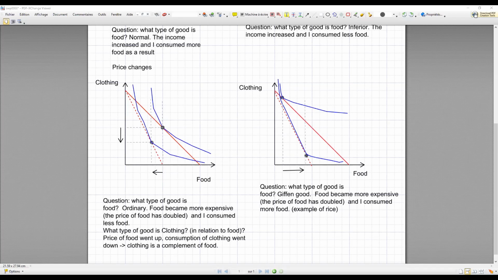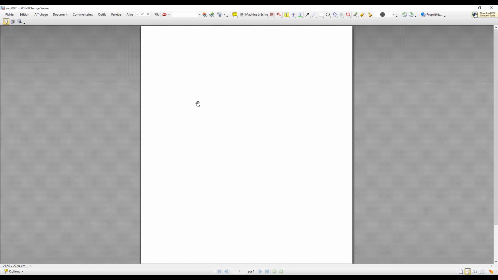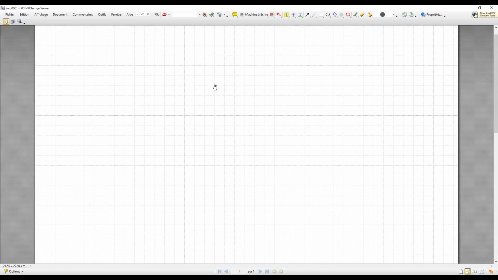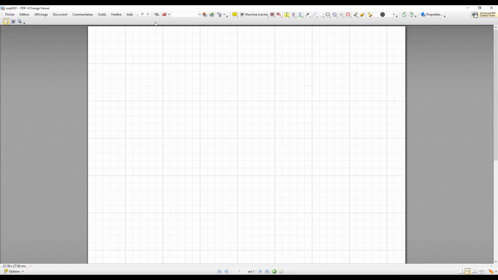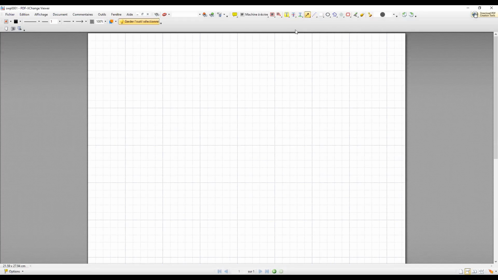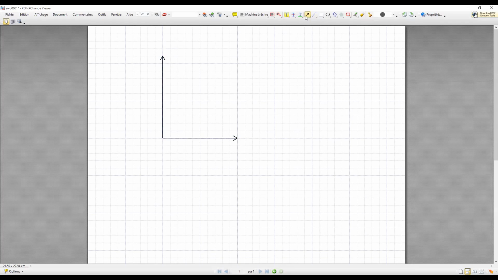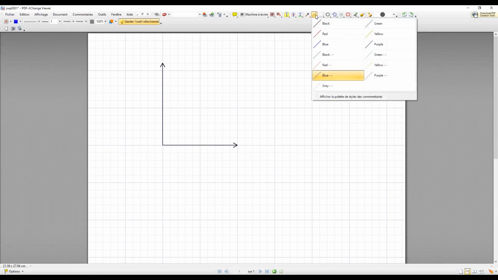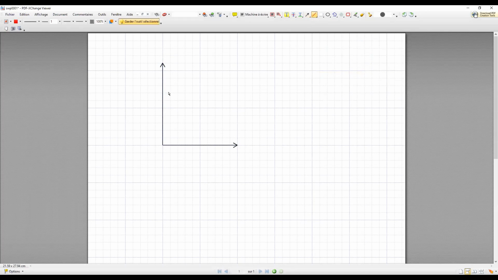Okay, last one. Real quick. So how do you see luxury goods and necessities? That's a bit more subtle. So first of all, is the price going to change or is my income going to change?